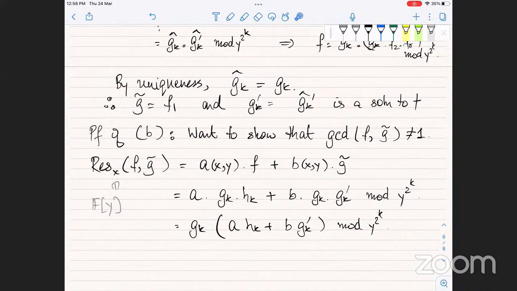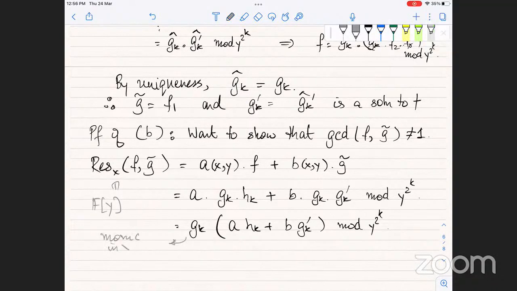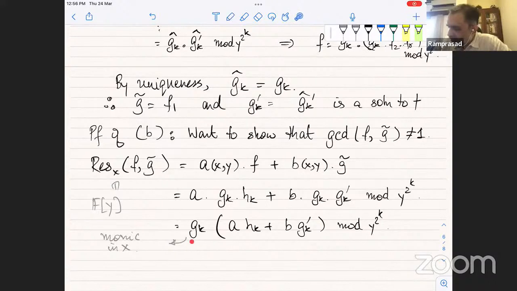It's in X and Y both, but more importantly, it's monic. So how can a monic polynomial times something suddenly become a polynomial that depends only on the Y variables?